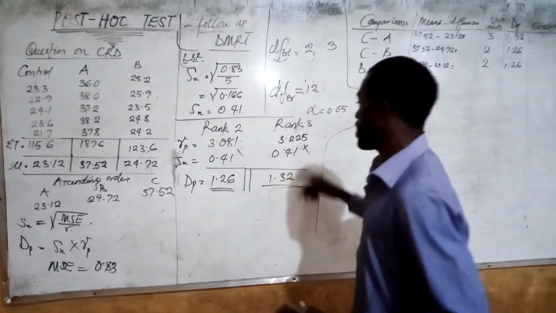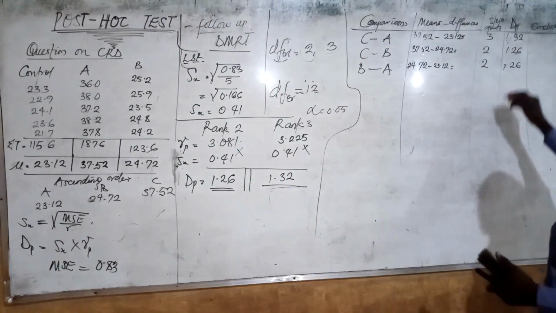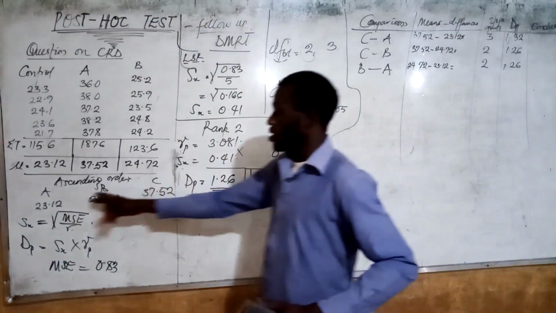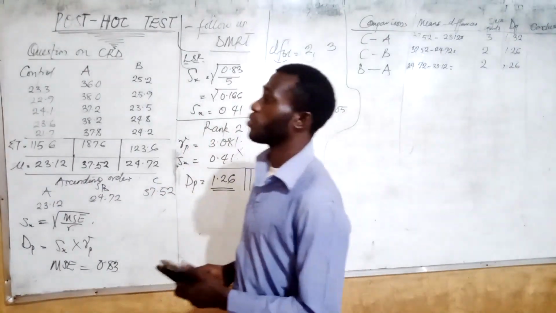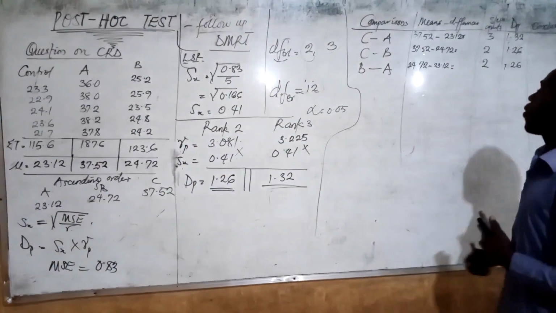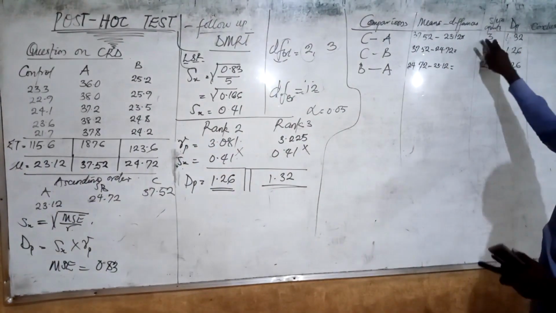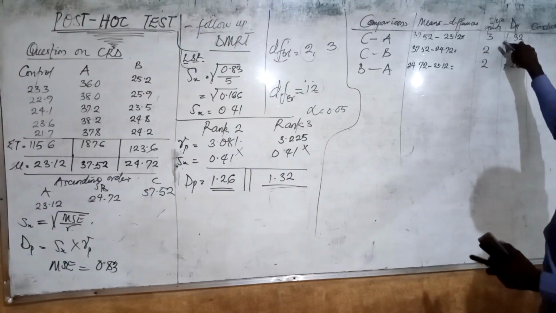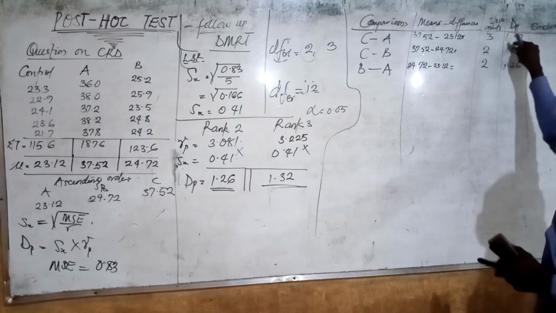So your DP values, after your steps apart is important here, so that you can know which one owns the DP value. The one that is 3 steps apart is the one that owns the DP value on rank 3.